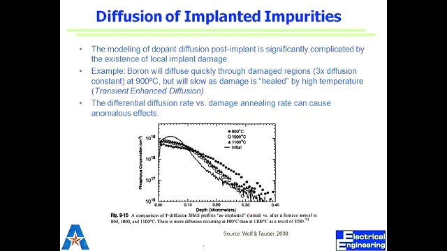In this case, it can't be modeled by the diffusion relations, because now we have many more local damages, and that changes the diffusion of those species. It can retard them or make them slow. In the case of boron, it is much faster, but as the healing starts to come in, it becomes slow. So we can't use the same relation.